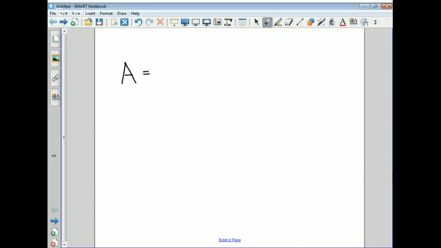Well, this is the normal one. Well, I shouldn't say normal, the one that you're used to using. It's your standard formula for the area of a triangle, given the height of the triangle. But in the trigonometry section, you'll often get a triangle where you don't have the height.